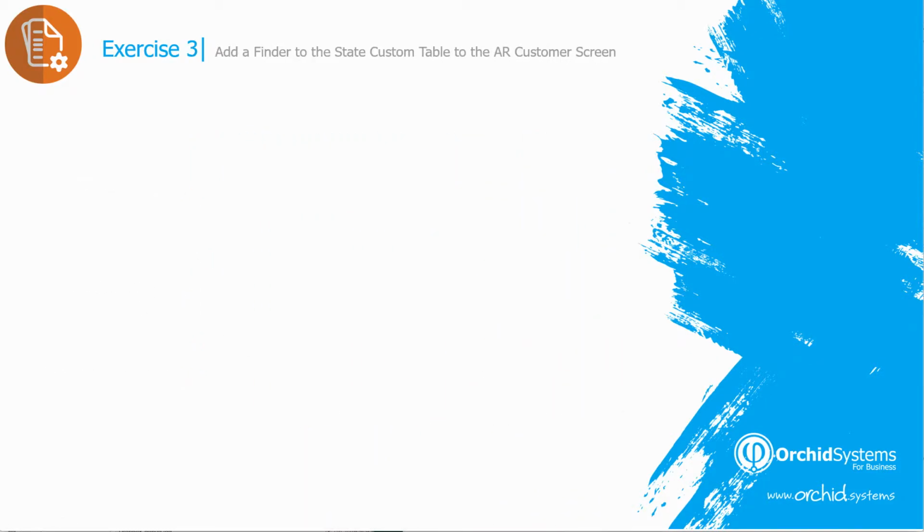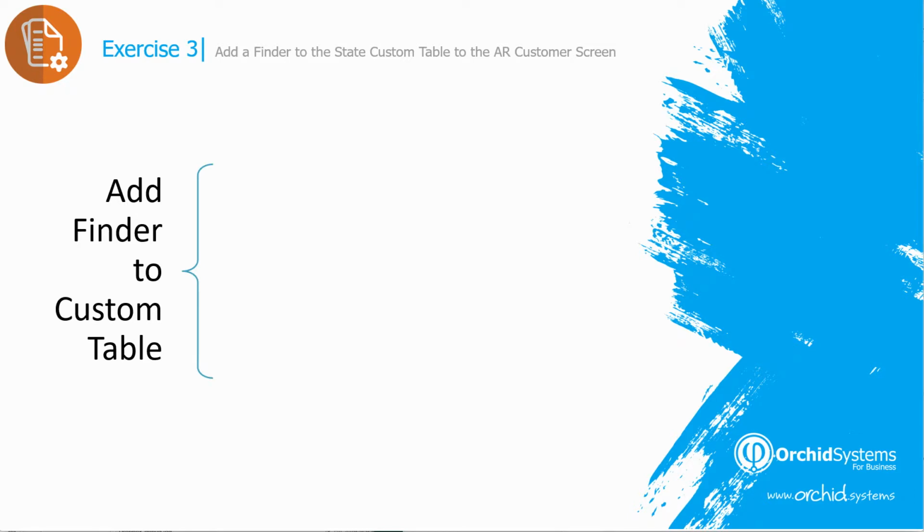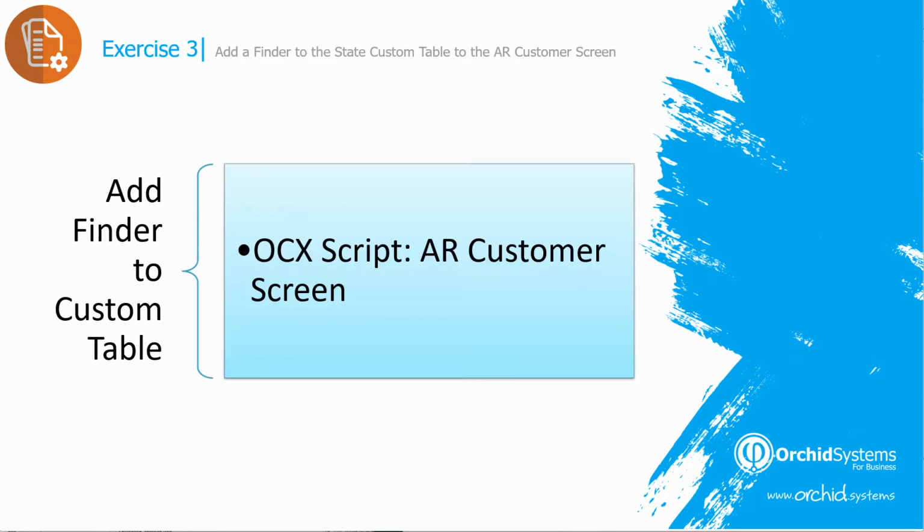In exercise 3, we're going to add a finder to the state custom table on the AR customer screen. And for this, we're going to write an OCX script for the AR customer screen. So this script will be dynamically loaded each time the AR customer screen is opened.